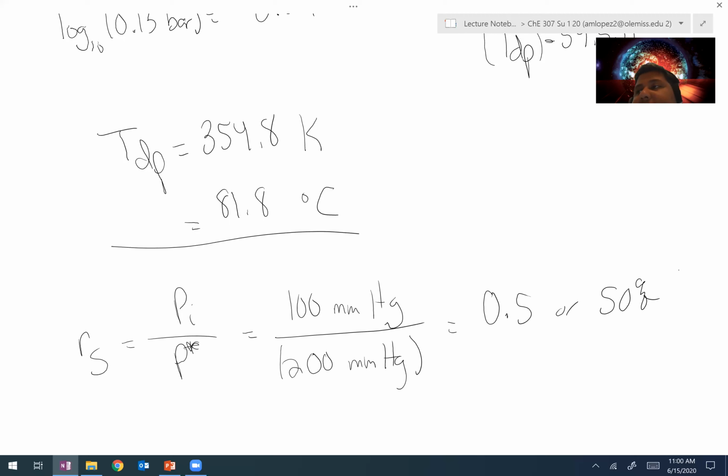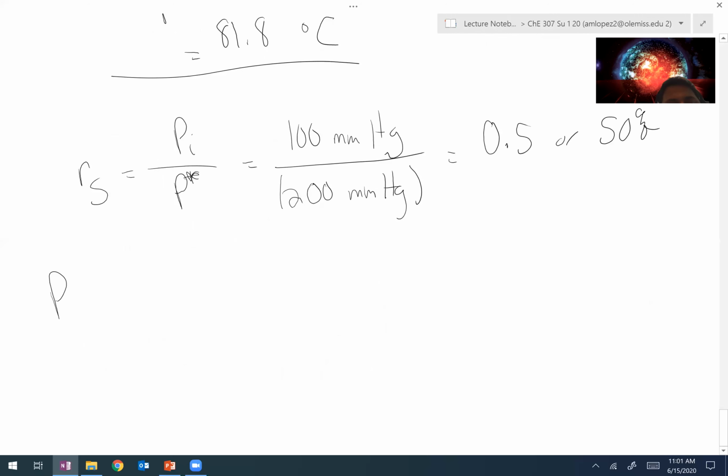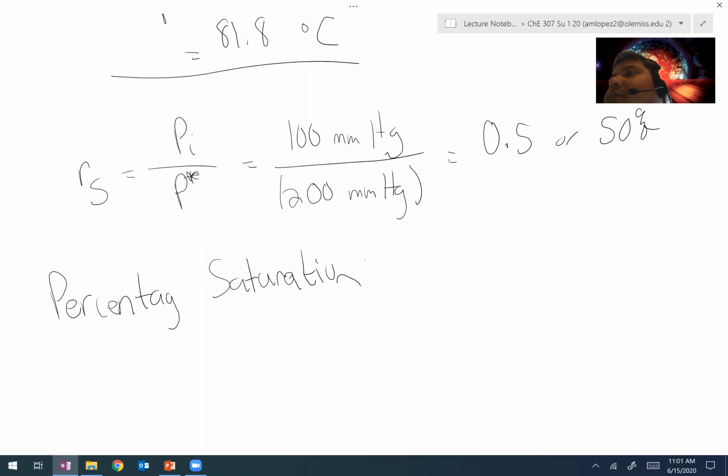Now, the last thing we're looking for is the percentage saturation or percentage humidity. Now, the percentage saturation is a ratio of the partial pressure to the saturation pressure, but it looks a little different.